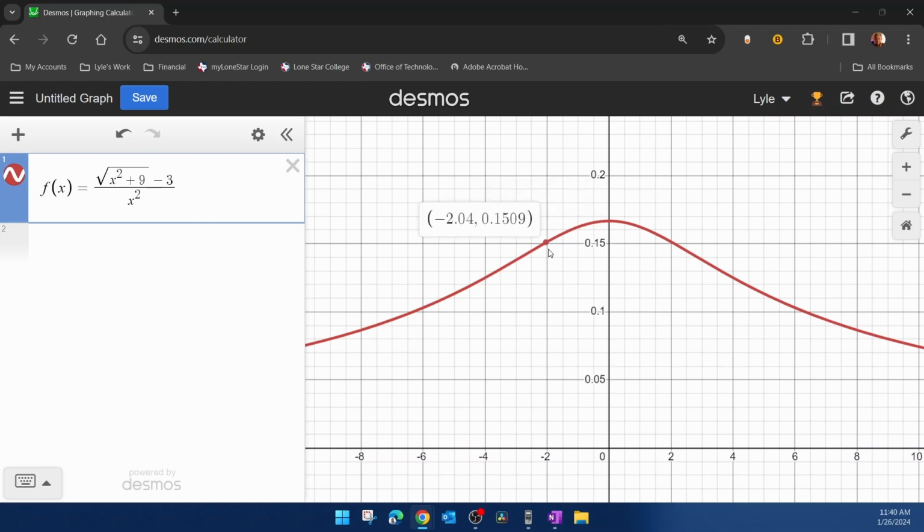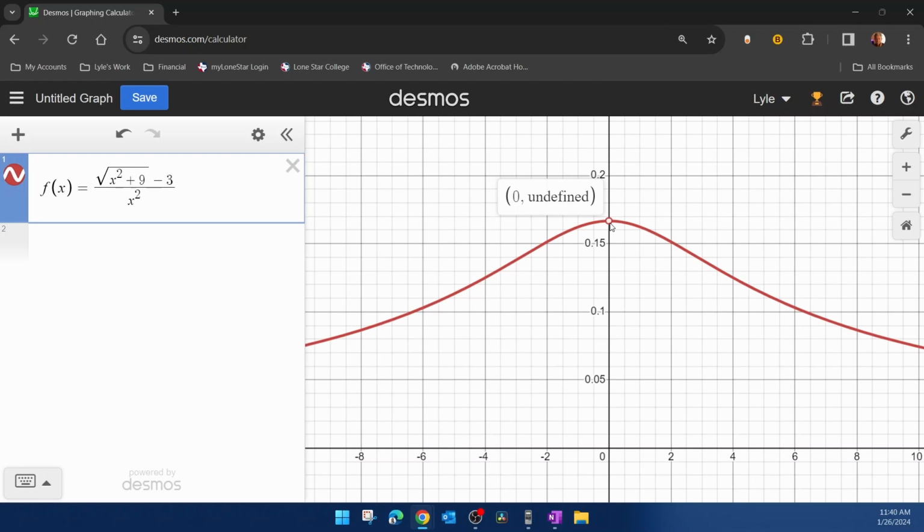So if you can see, if we come in from the left, those y values are approaching 0.1666 repeating. If you notice what happens when we get to 0, the actual graph is undefined because you can't have division with 0. And guess what? The limit doesn't care what happens at 0.